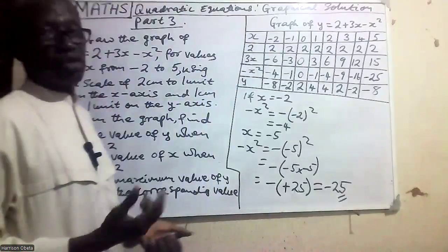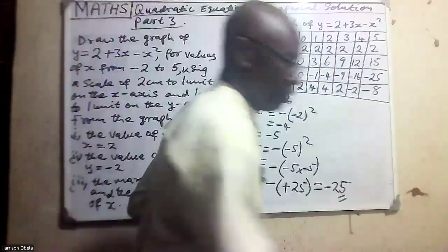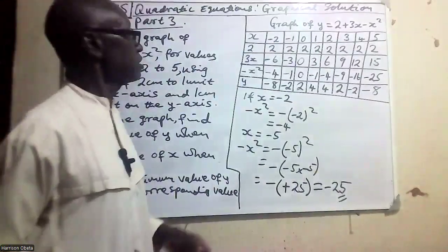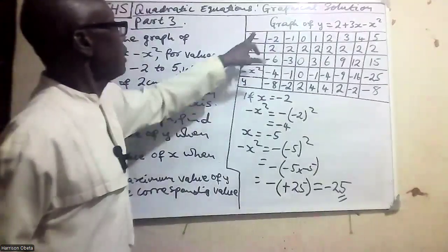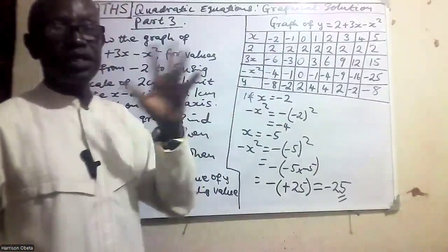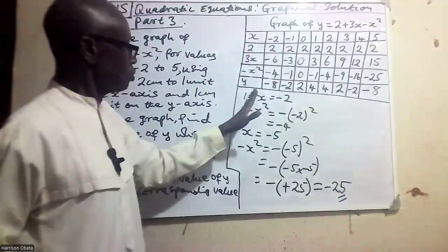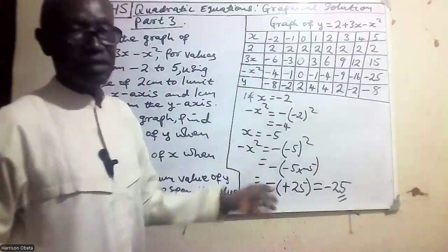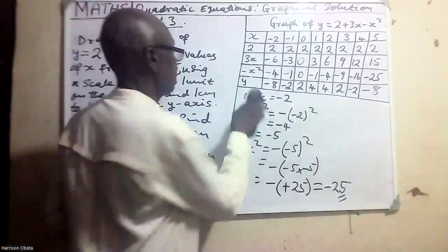Now, I told you that I'm going to show you two methods of forming this table. The other method is by having only x and y and then work it out. So I'm going to wipe off this now and then put the second one so that you see how we can handle it. Let's go.